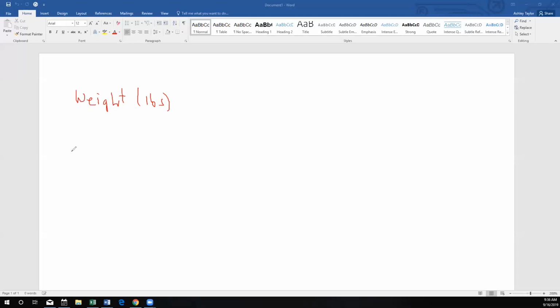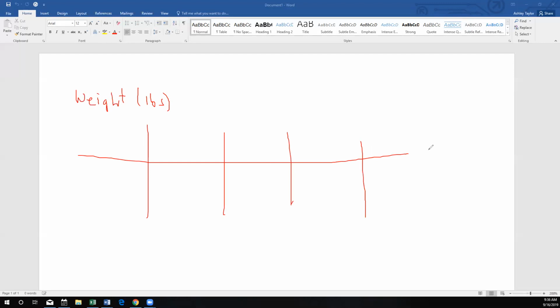Now, I'm going to start out with that weight. I'm going to make sure I do all of my conversions first, and then after I do that, I can enter this into Excel. And so first I have my weight in pounds of my patient.